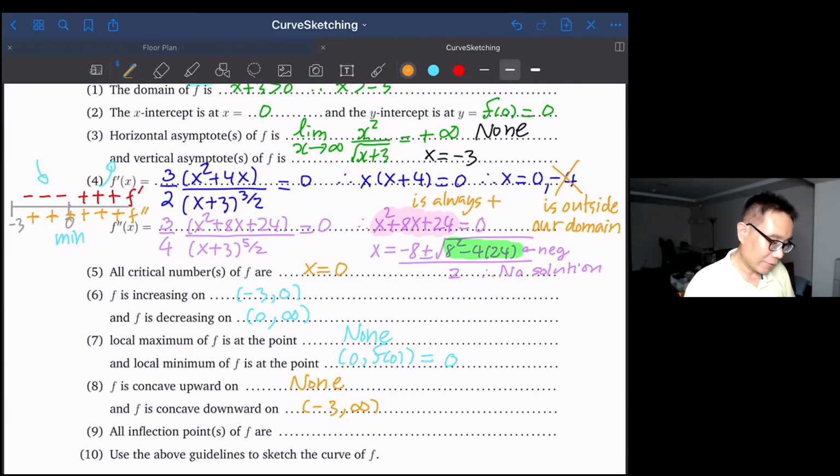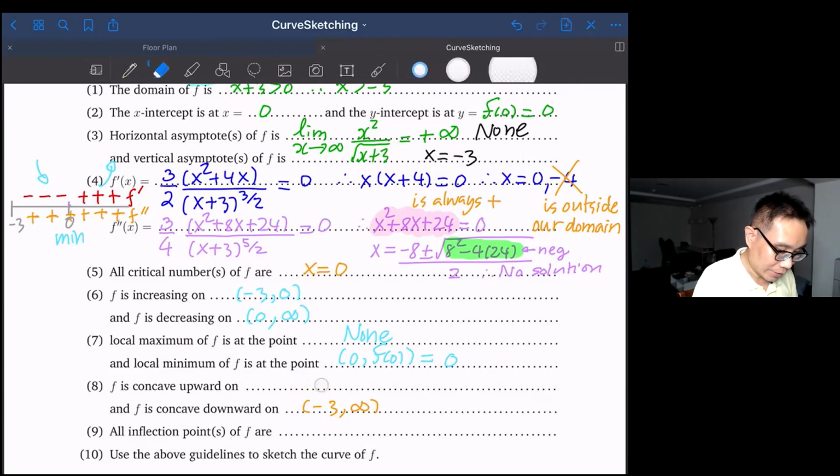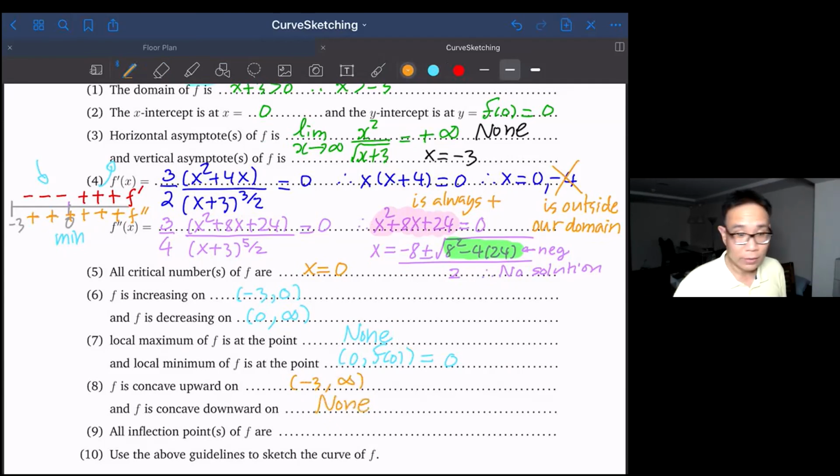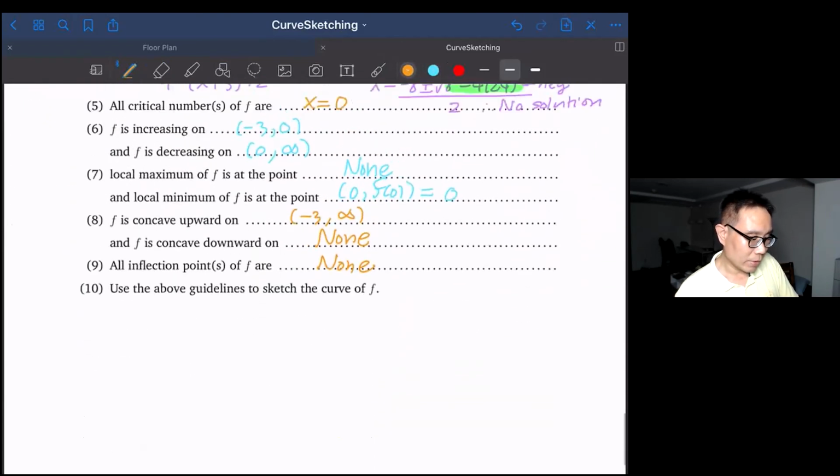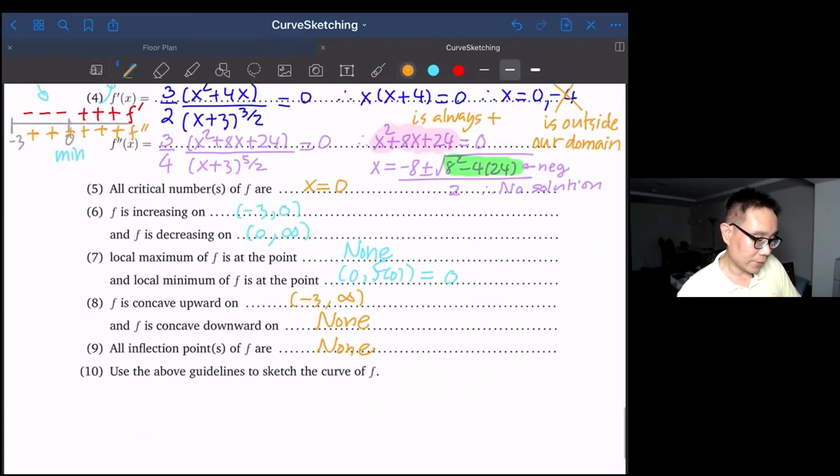I just realized that I made a mistake on the sign, so it's gonna be -3 to infinity for concave up, and concave down turns out to be none. Okay, and you have no inflection point for sure. So this is what you have, and then we're gonna use the above guideline to graph.